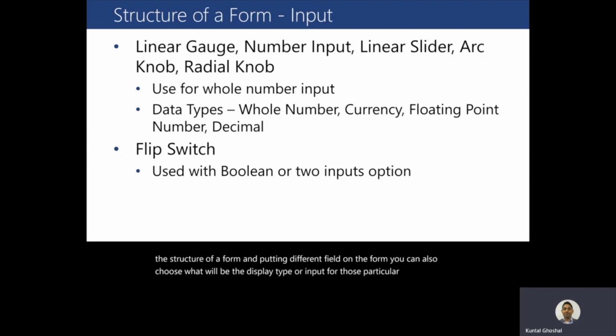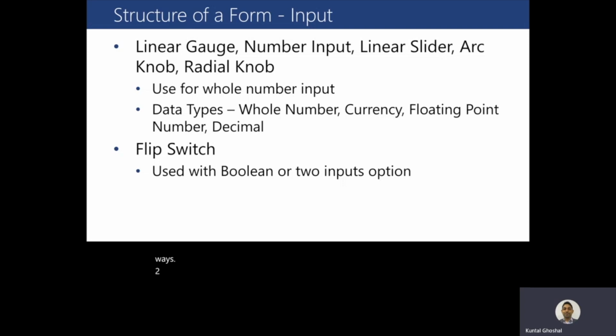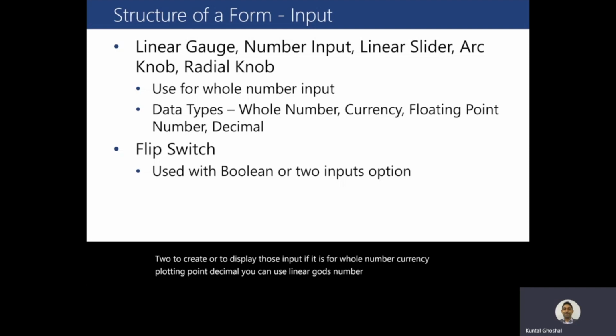And Dynamics 365, depending on the type of the field, provides you multiple different ways to display those inputs. Like if it is for whole number, currency, floating point, decimal, you can use linear gauge, number input, linear slider, arc knob, radial knob. And if it is a Boolean or two input option, you can choose to use flip switch.